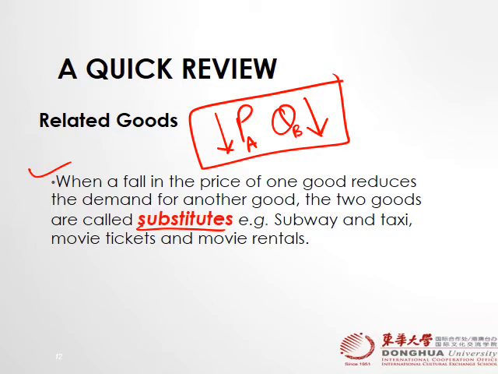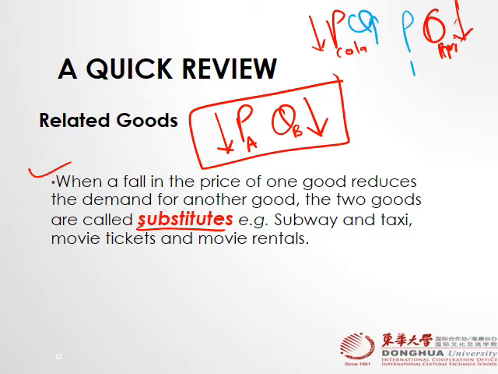If there are products A and B, or in our example Coke and Pepsi, if the price of cola decreases, it causes the quantity demanded of Pepsi to decrease. The law of demand applies here as well. If the price of cola decreases, the quantity of cola increases.